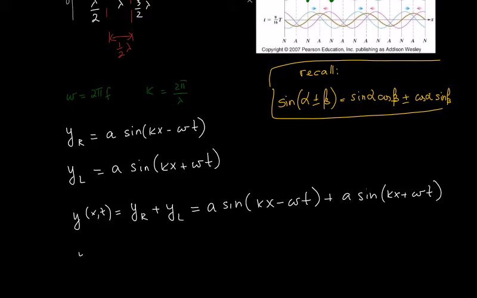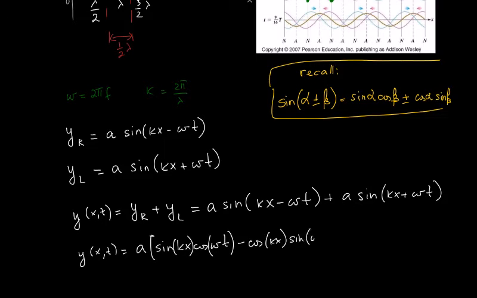Then we will end up having y(x,t) equals A times (sine kx cosine omega t minus cosine kx sine omega t), and then plus A times (sine kx cosine omega t plus cosine kx sine omega t).